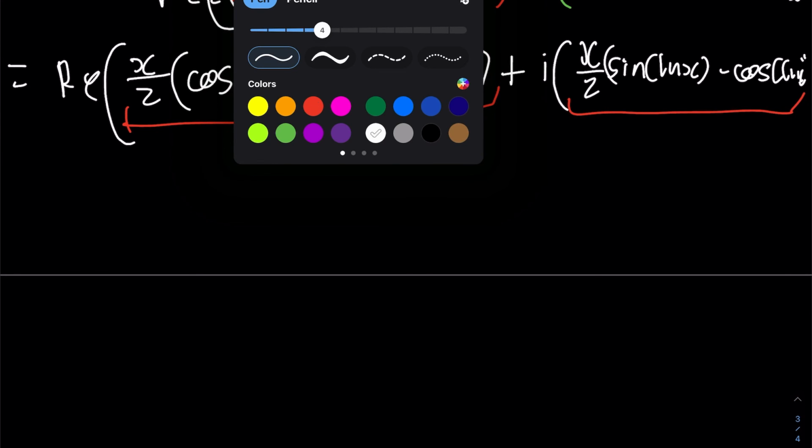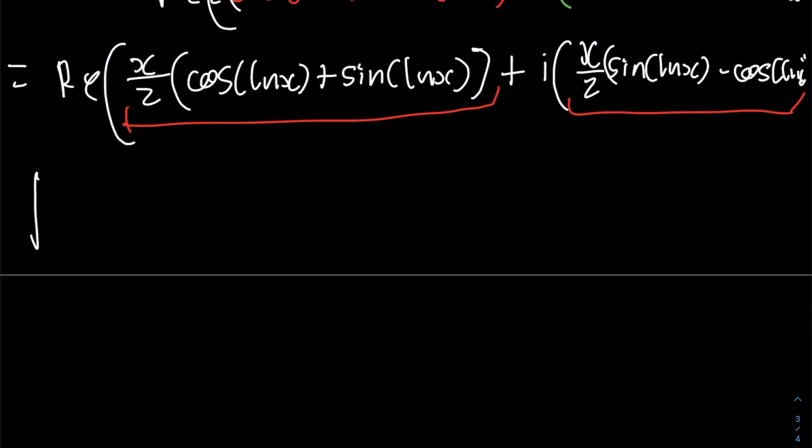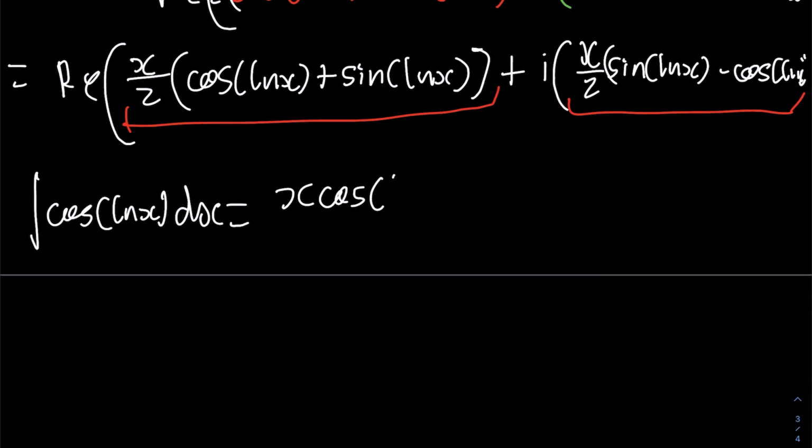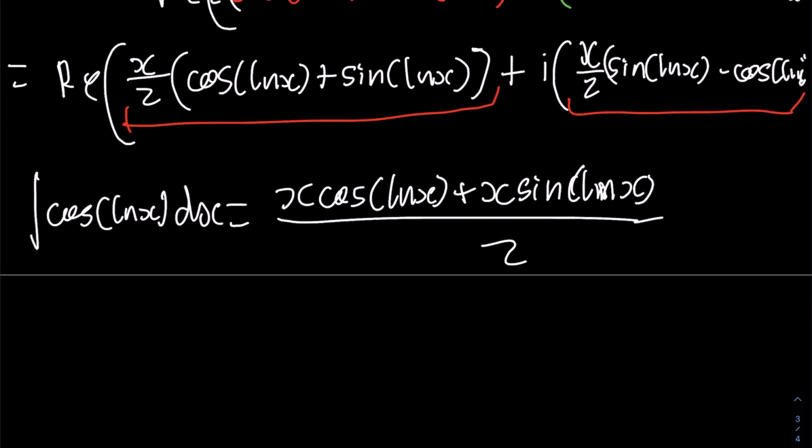So what we finally see is that the integral of the cosine of ln x dx is just equal to the real part of that entire expression, which comes to x over 2 multiplied by, and then let's just actually distribute the bracket. So we have an x cosine of ln x plus the, and then we have an x sine of ln of x all over 2 plus c.